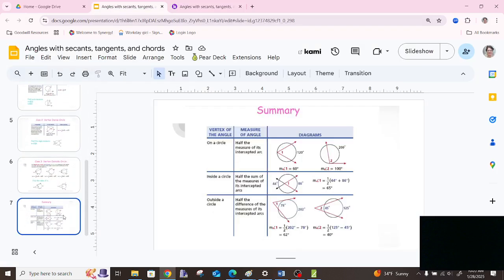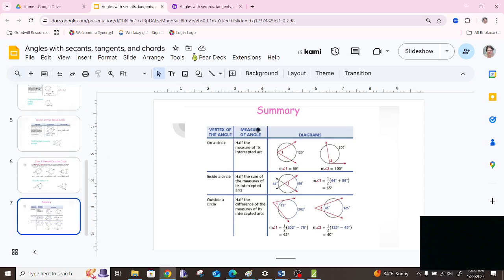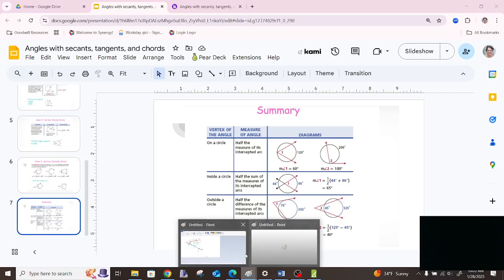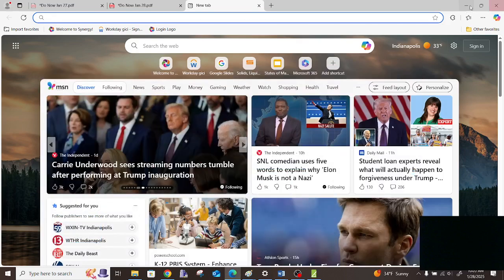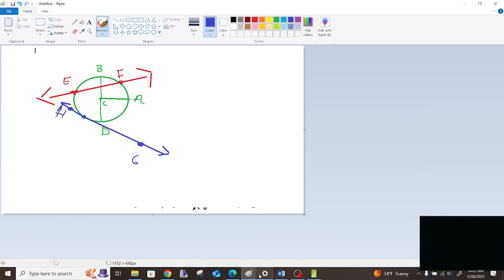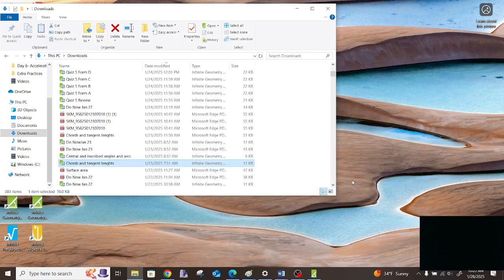Oh, wait a minute. Do they not have the examples? This one doesn't have the examples. Okay, let me grab one of these sheets. There must be. Hold on. It wasn't them, it was me. I wonder if I didn't open up the right one. Oh, give me a second.